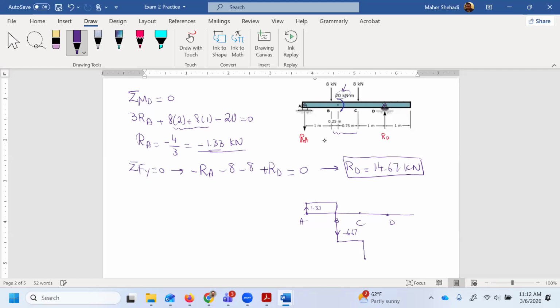I will move down another 8, so that would be minus 14.67. And then to here, if you notice, that's RD, 14.67, and it's moving up. So I will go up and close at this point. That's point D. And then it would just continue straight at 0. Okay, that's my shear diagram.